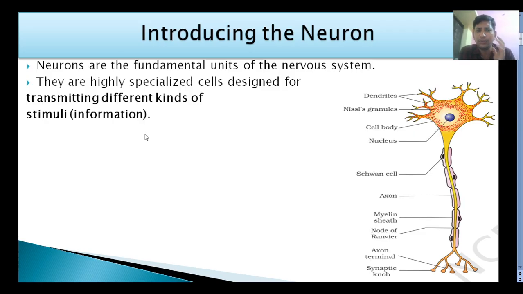So it is very important to understand how information is processed from a target organ to the brain and from the brain to the target organ. So neurons, remember, are the longest cells in our body, and I already told you about the structure of a neuron in the previous video also. If you don't know, just watch that video and come to this topic.